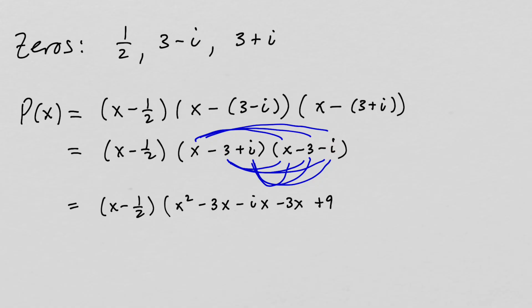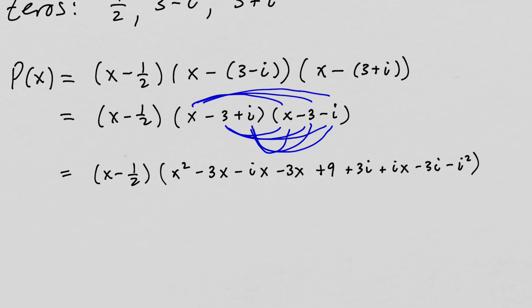Negative 3 times negative i, which is positive 3i. And finally, i times x is positive ix. i times negative 3 is negative 3i. And i times negative i is negative i squared.